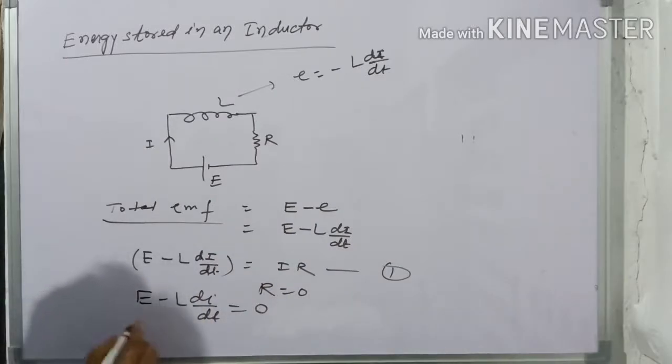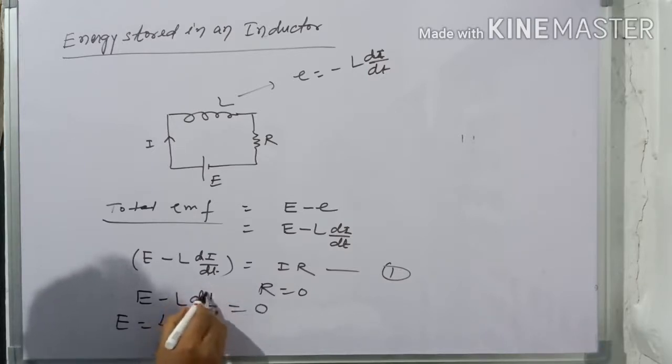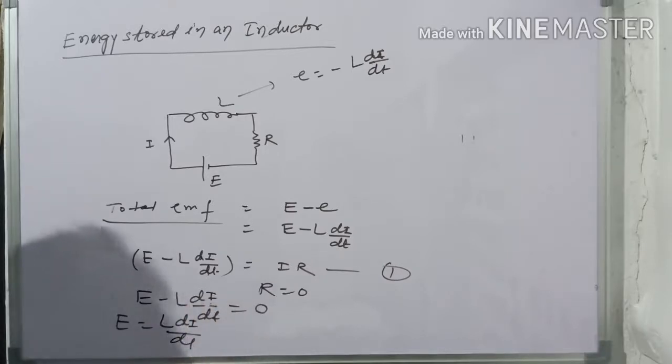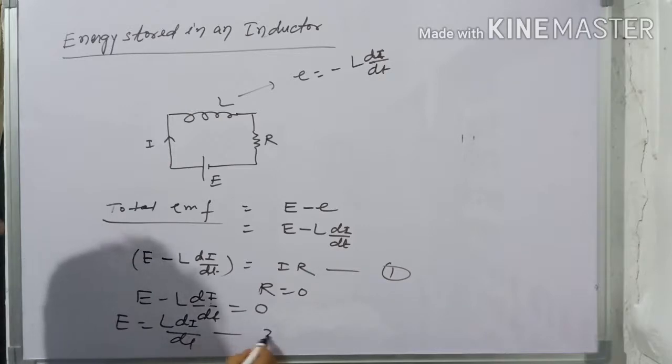Thus we can say that E is equal to L di by dt. I am using capital I, so write the capital I. This is relation 2.